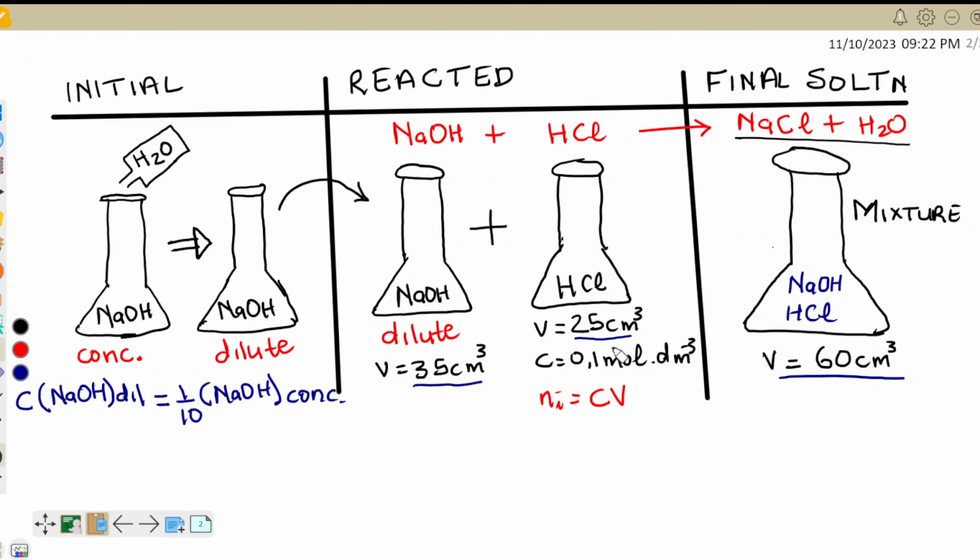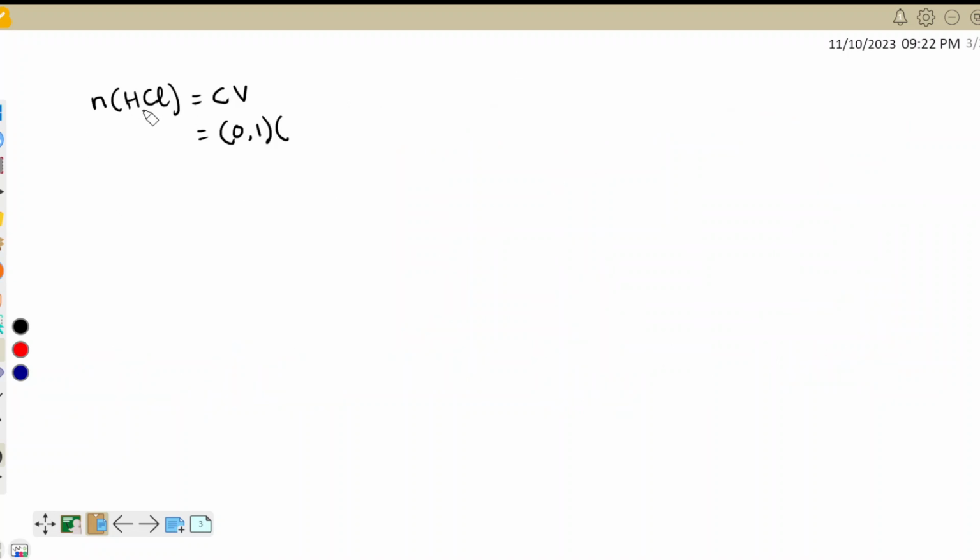Okay, first we need to convert this volume from 25 cm³ to dm³. So you just say 25 cm³ divided by 1000, and then that is in dm³, you multiply it by the concentration. So the number of moles of the hydrochloric acid is C times V, 0.1, then 25 divided by 1000 is 0.025.